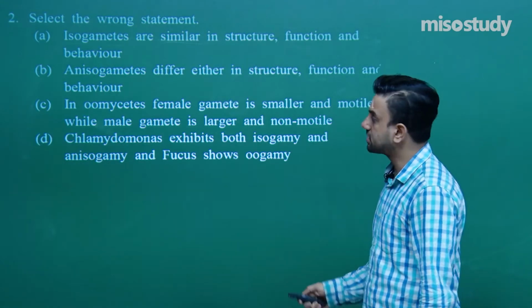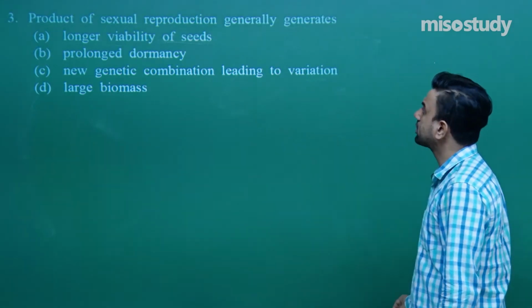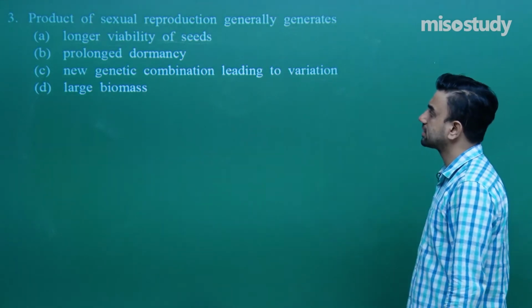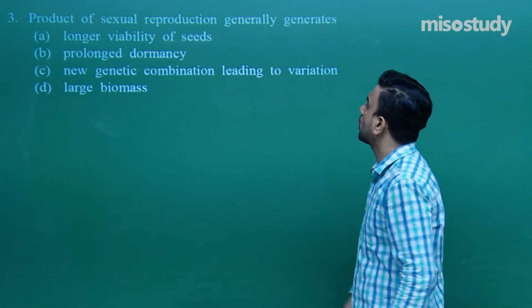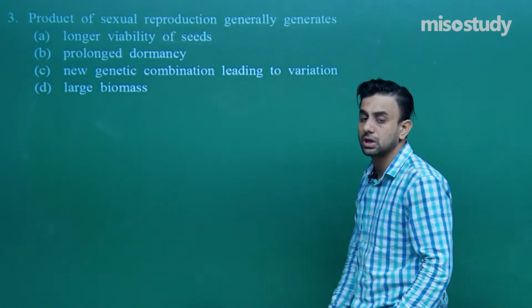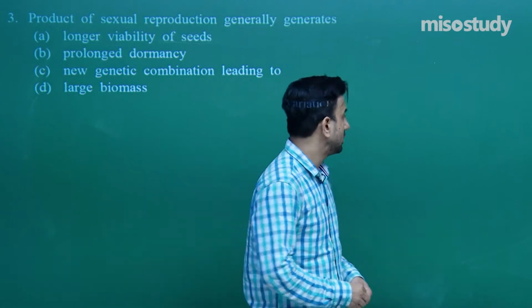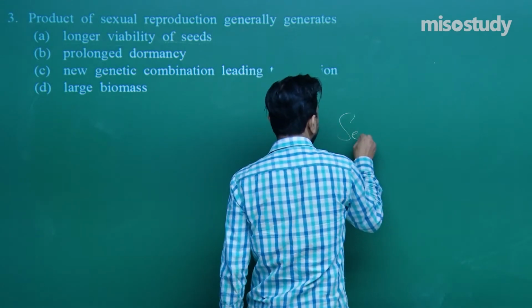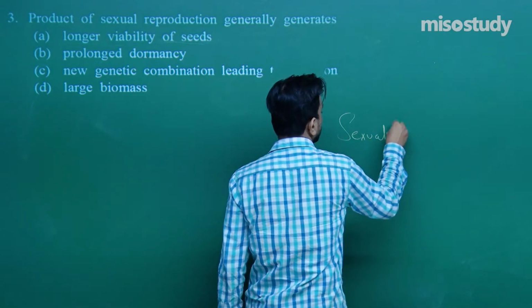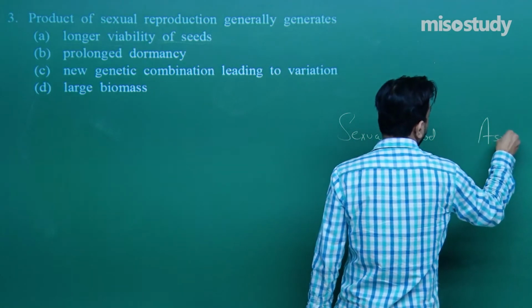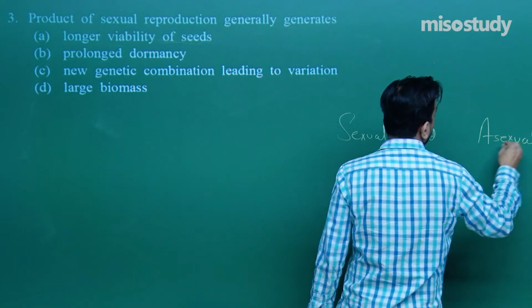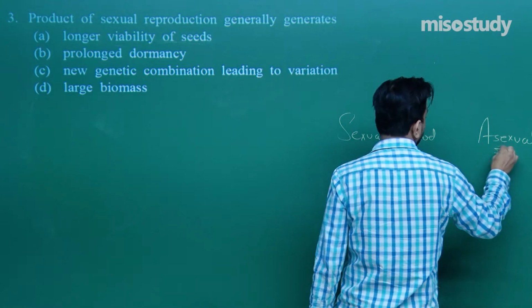Let's consider the next question. Products of sexual reproduction generally show longer viability of seeds, prolonged dormancy, new genetic combination leading to variation, or a large biomass. We have talked about some of the differences between sexual and asexual reproduction.